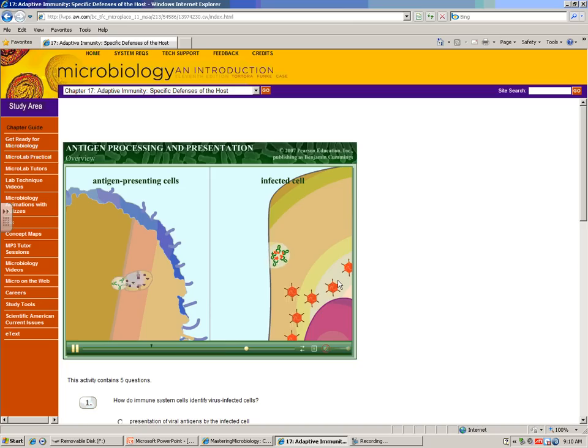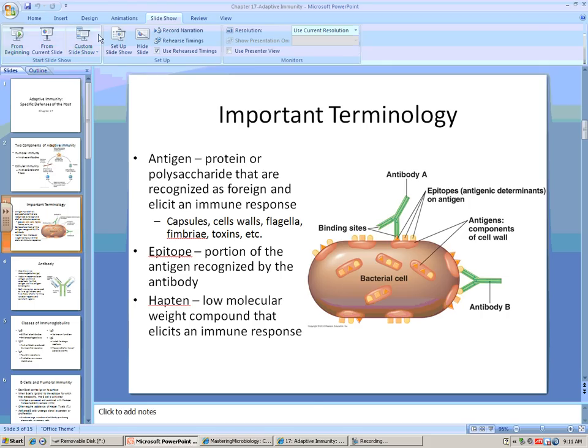I like to think of it as the cell is kind of waving around a big red flag saying, hey, here it is, this is what I found. Once a cell starts displaying or showing this antigen to your immune system cells, we call this an antigen-presenting cell, or an APC. So we're going to see that as we go through this chapter.